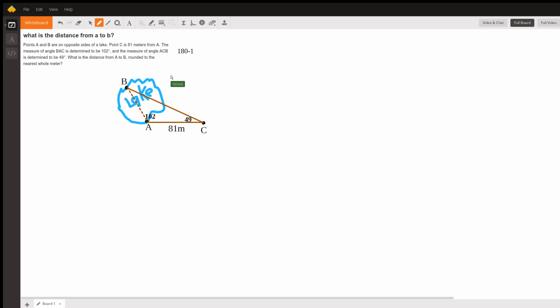So if you start with 180 and you use up 102 degrees at angle A, and you use up 49 degrees at angle C, that means that you have 29 degrees to use at angle B. So we're going to make this 29 degrees.